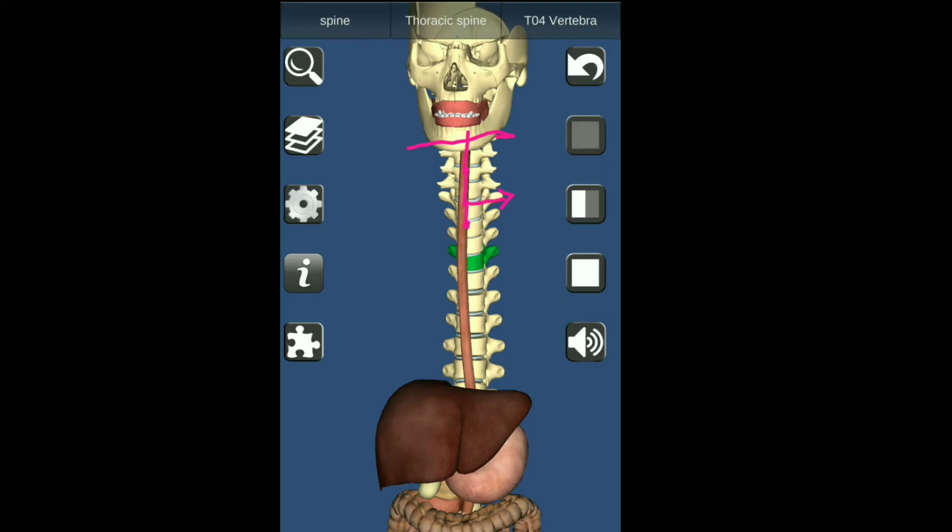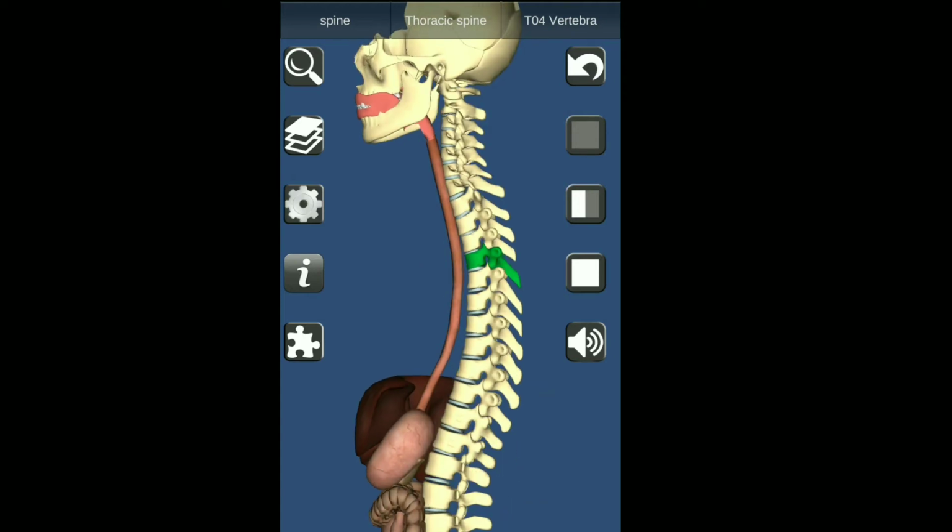Then it moves downward, and this is most probably the fifth thoracic vertebra, and you can see a slight lateral curvature to the right, and then at the level of seventh thoracic vertebra it will move to the left, pierce the diaphragm, and then open into the cardiac orifice of stomach.